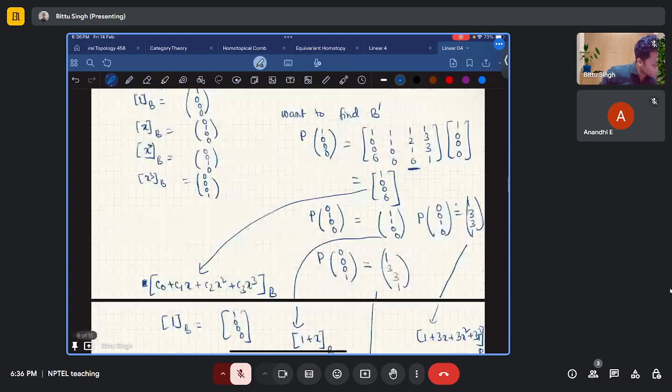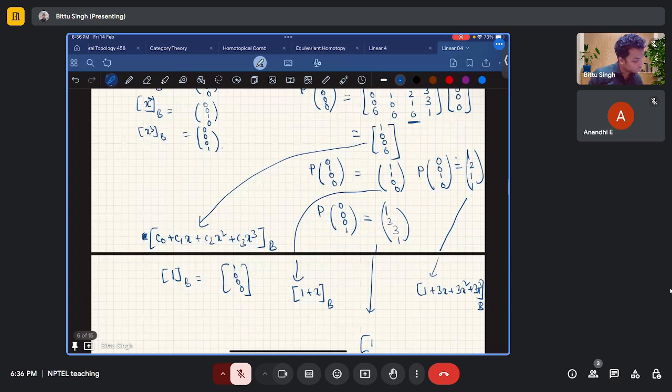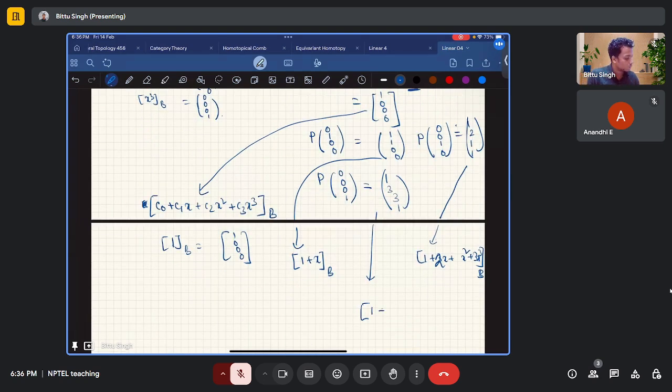Oh, those are same. Third thing will be 1 2 1 0. This is wrong actually. So this is 2 and this is actually 1. 1 2 1 0. Now this is actually coordinate of 1 plus 2x plus x square. So those will be the actual solution.